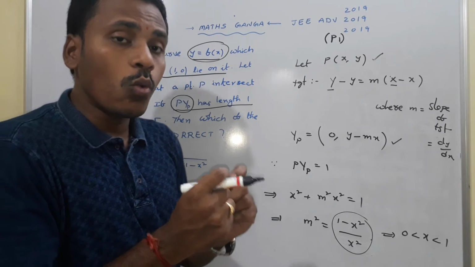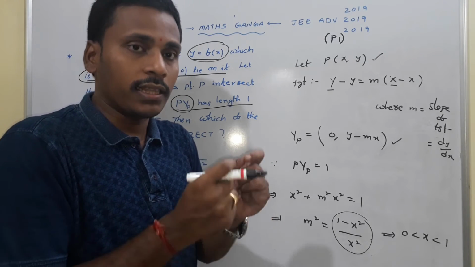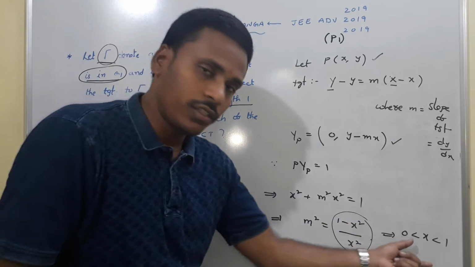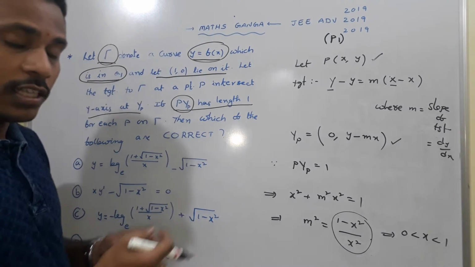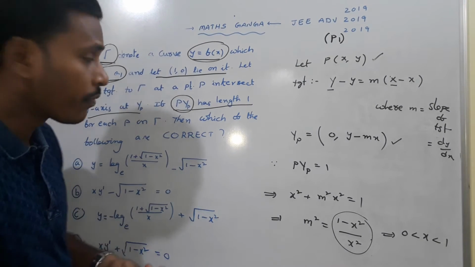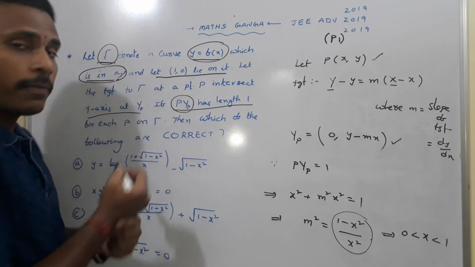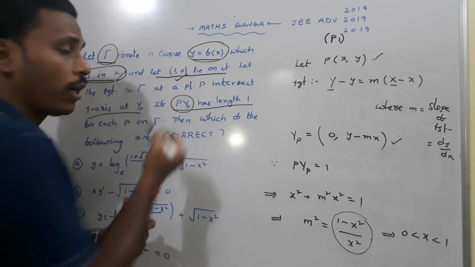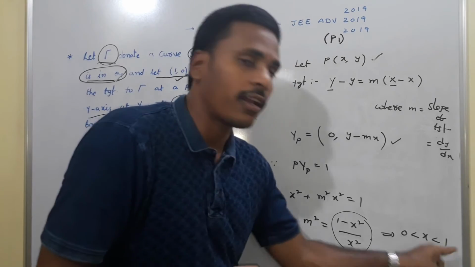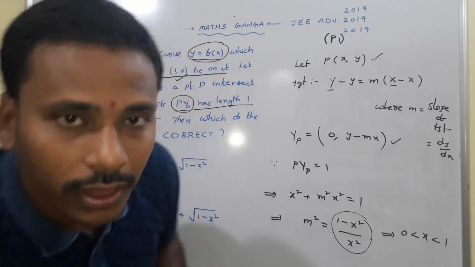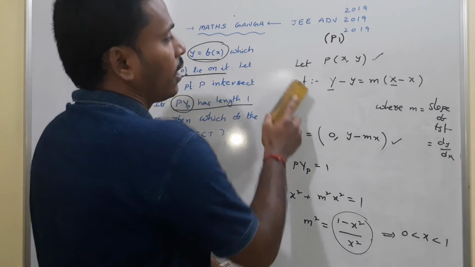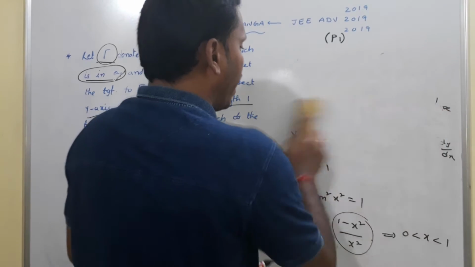Now we need to identify the behavior of the curve in this region. There are different constraints on the curve. The curve lies in the first quadrant. The curve passes through the point (1, 0), and the values of x are in between 0 and 1. With all these constraints, I will estimate the curve like this.